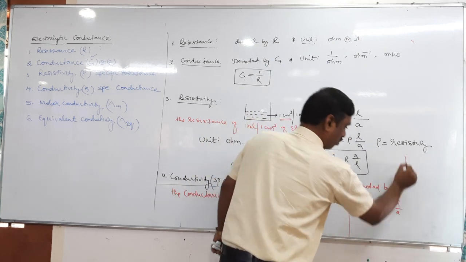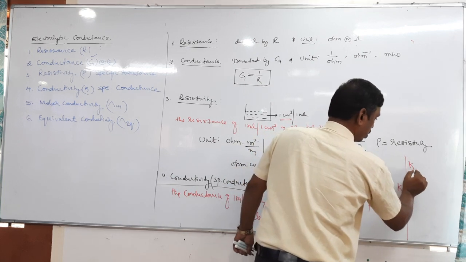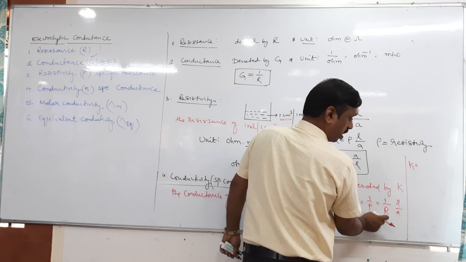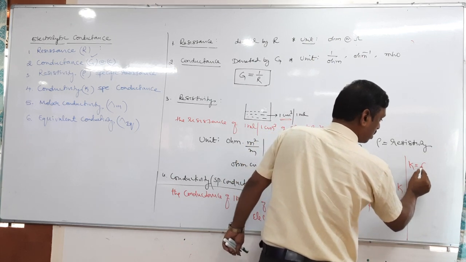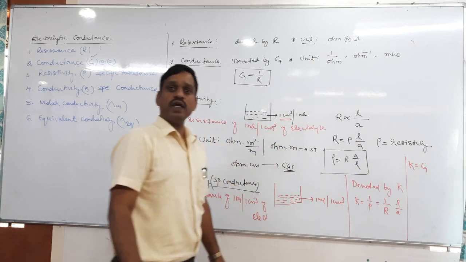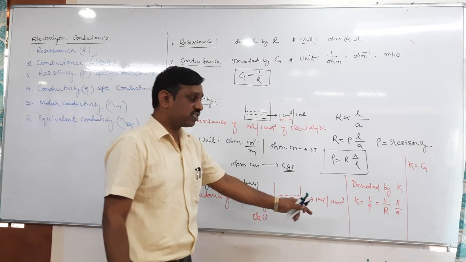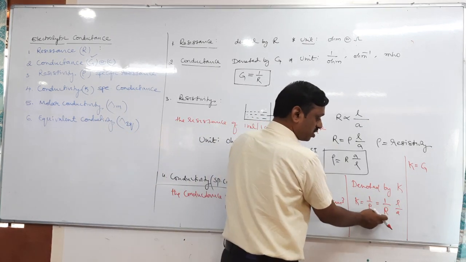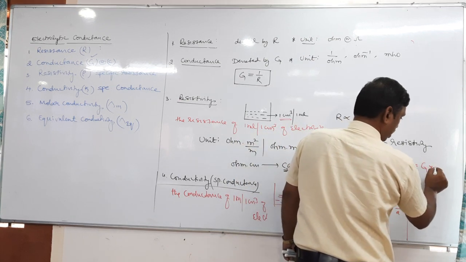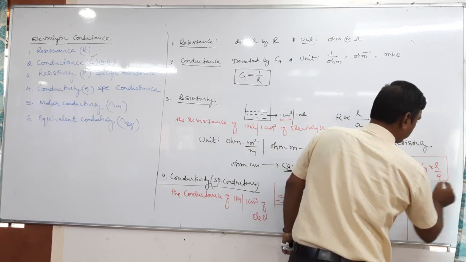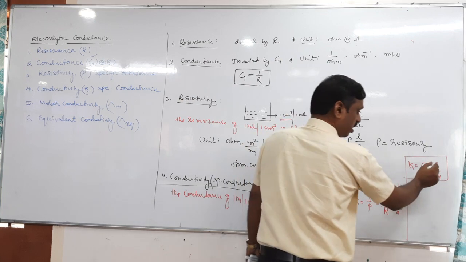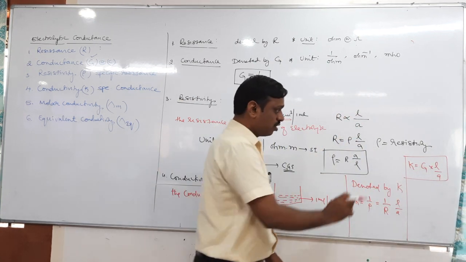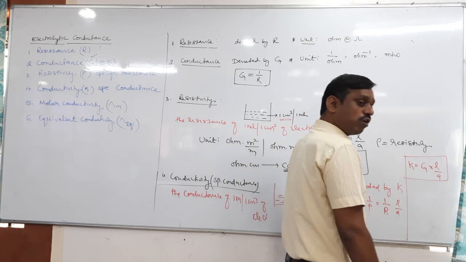Now tell me, K also equals 1 by rho, which is 1 by R into L by A. 1 by R is nothing but G, because the reciprocal of resistance is called conductance. And L by A, where L is the length and A is the area of cross section, is also called the cell constant.